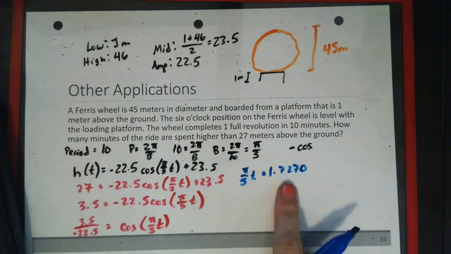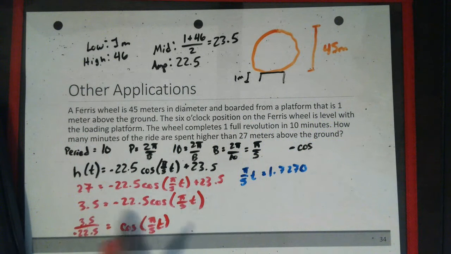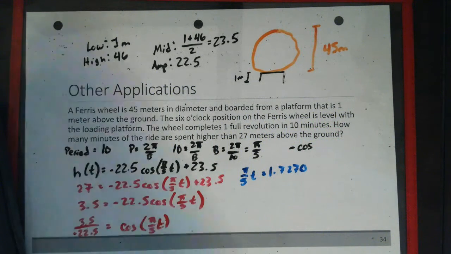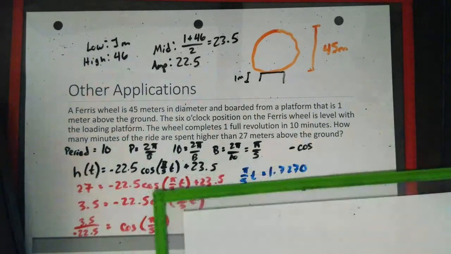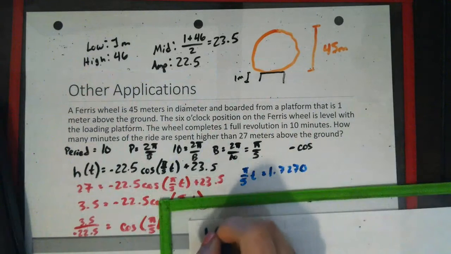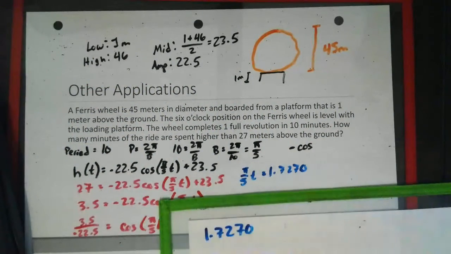But that is only one solution. Because remember, we had a cosine that was negative. That happens in quadrant 2 and quadrant 3. So we also need our quadrant 3 answer. So let me pull out a piece of paper. The solution we have right now is 1.7270.